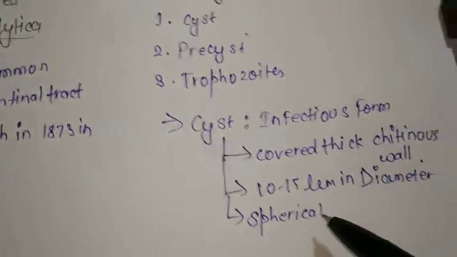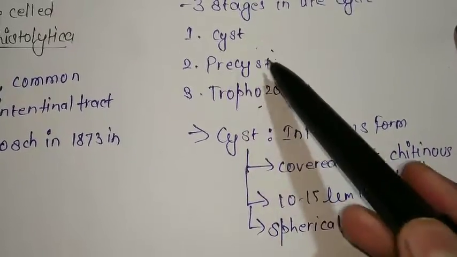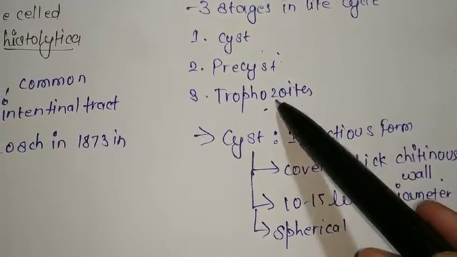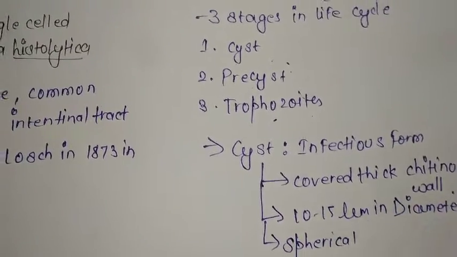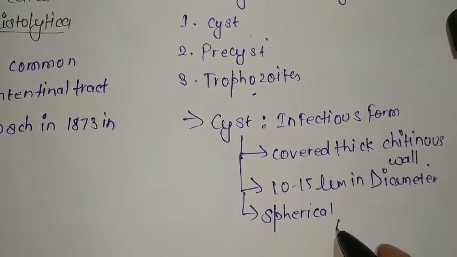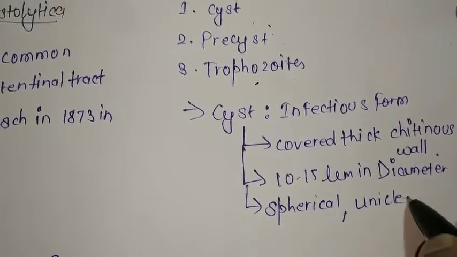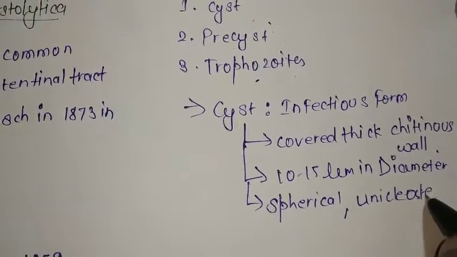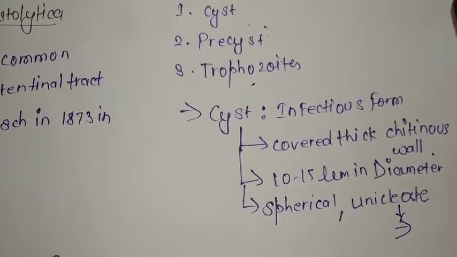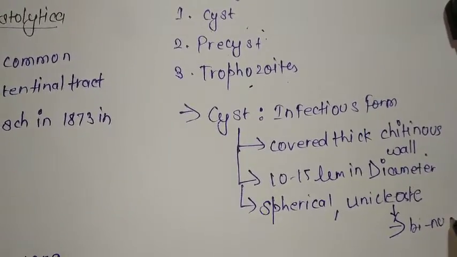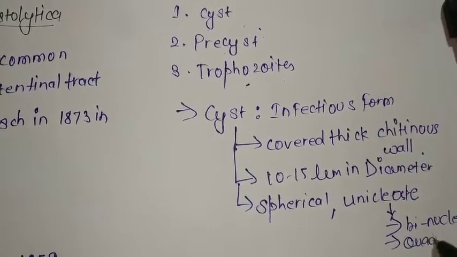We should know the shape of these 3, then only we can distinguish which is more infectious, which is in active form, or which is in inactive form. So this is spherical and uninucleate, and after multiplication it will be binucleate and quadrinucleate also.